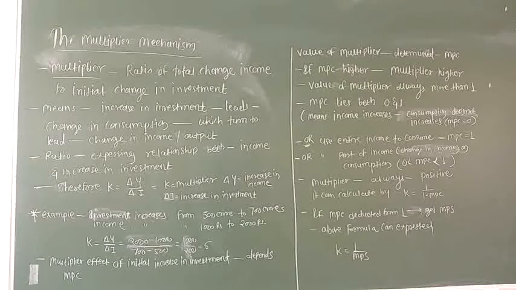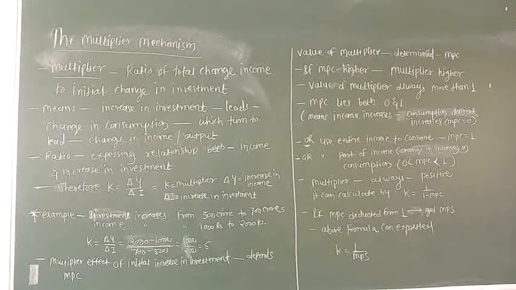In the absence of indirect taxes or subsidies, the total value of final goods output is distributed among the different factors of production, means wage to labor, interest to capital, rent to land, etc. Students, according to Keynes, an initial increase in investment increases the final income by many times.